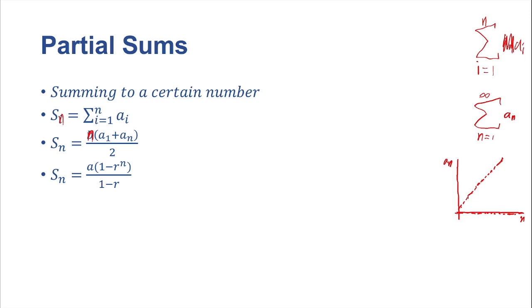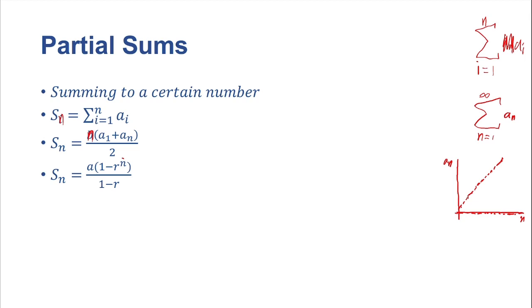Now, for a geometric series, it's a little bit different, and we're going to talk about this in the next video. In a geometric series, you can have different values of your ratio, and if n is approaching infinity and you're raising r to the nth power, r to the n might get close to 0.